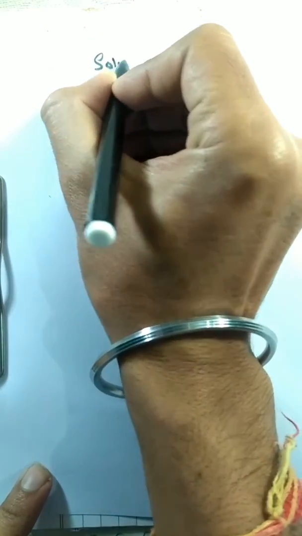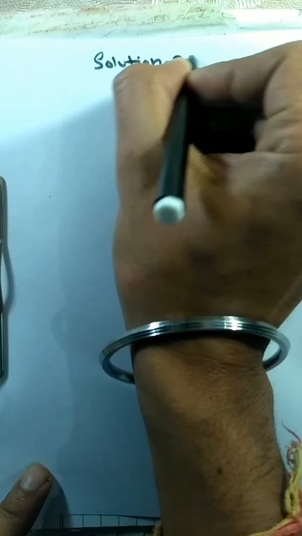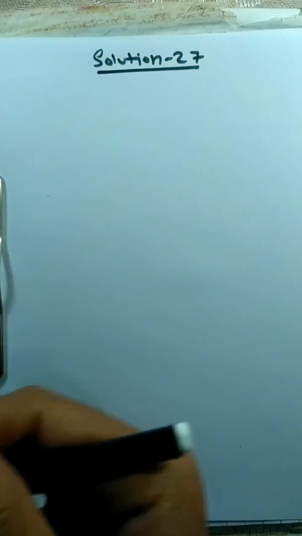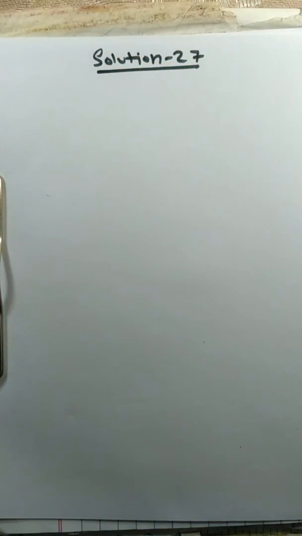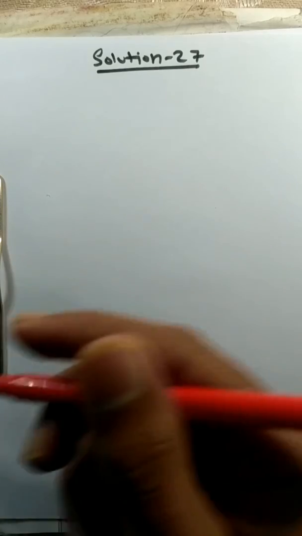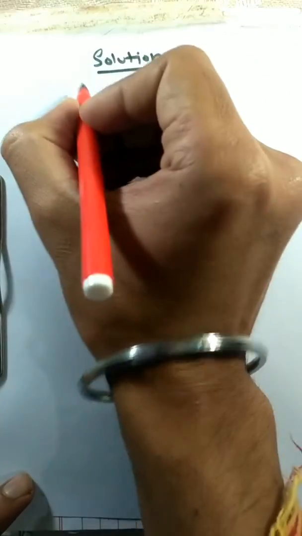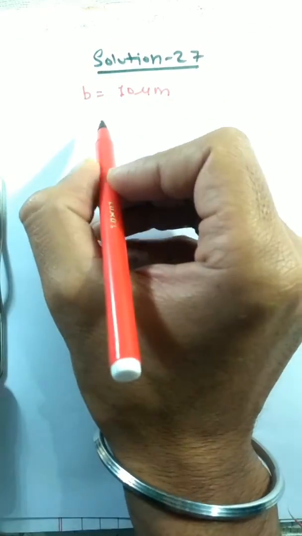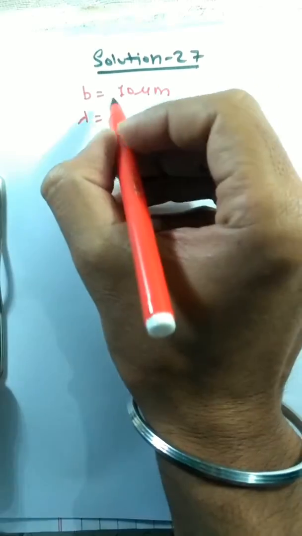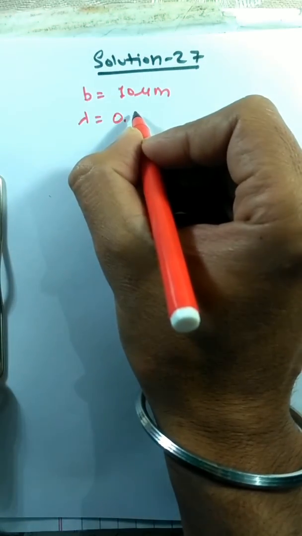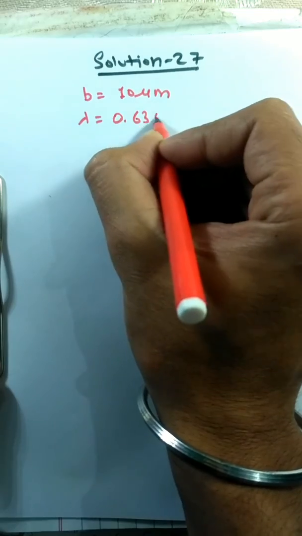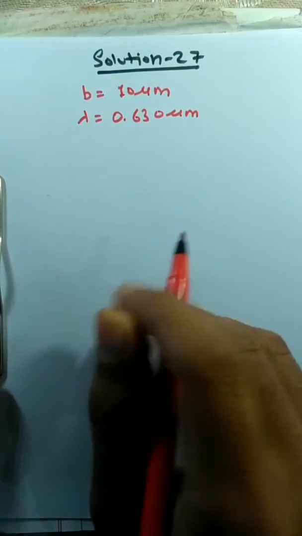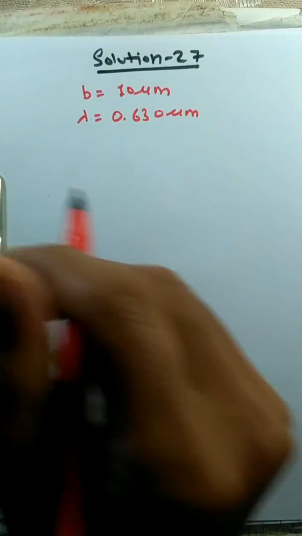So let's see the solution of question 27. First, write what we have been given in the problem. We have been given the slit width, that is 10 micrometer, and the wavelength of laser light with which the slit is illuminated, that is 0.630 micrometer.